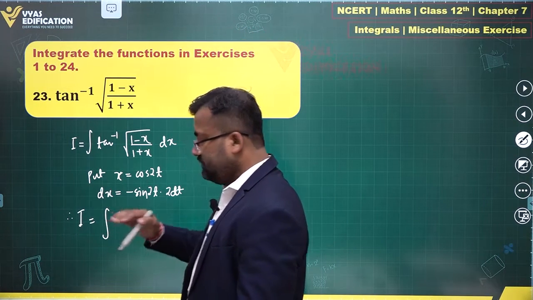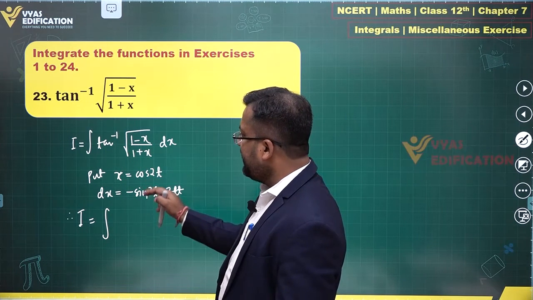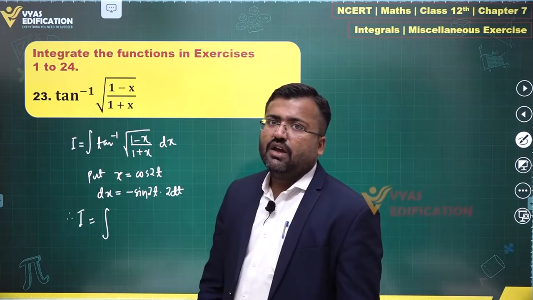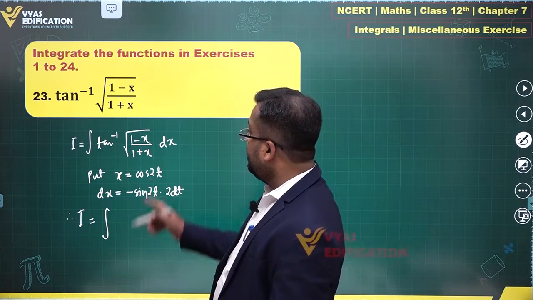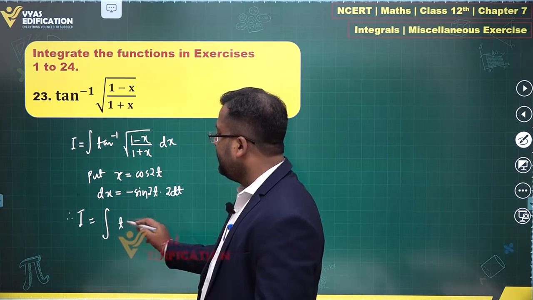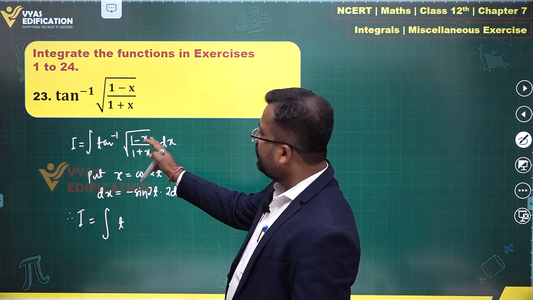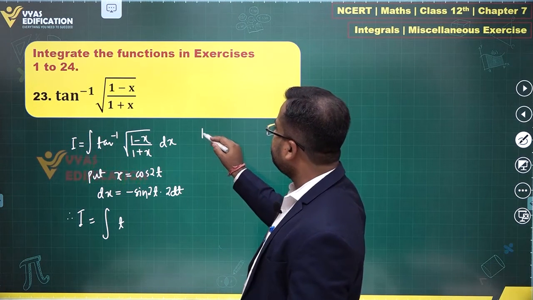And therefore I will be equal to tan inverse root of 1 minus cos 2t upon 1 plus cos 2t, which is tan square t in the under root, that becomes tan inverse tan t, which is nothing but t. What I have done is 1 minus cos 2t, 1 plus cos 2t.